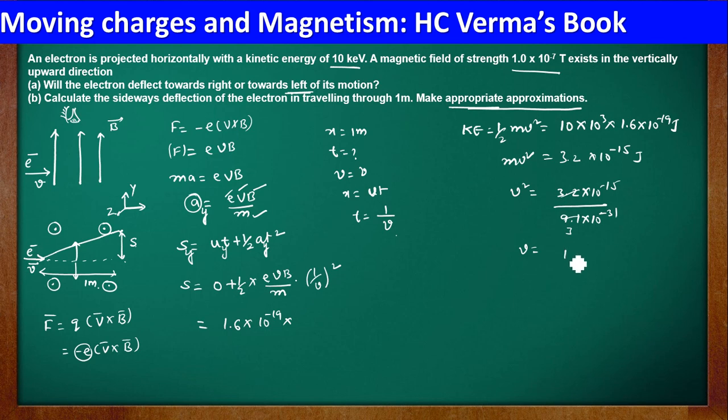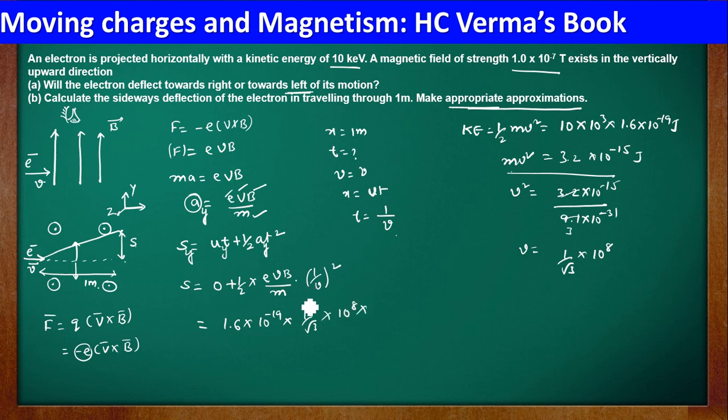So this is 1 by root 3 into, you will get 10 power minus 31 plus 15, which is 10 power 16, and you need to apply square root on both sides. 10 power 16 becomes 10 power 8. So 10 power 8 divided by root 3 is your velocity, and we can use this information here. So E you have taken already, and velocity V is nothing but 1 by root 3 into 10 power 8.